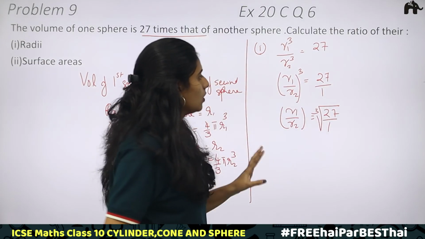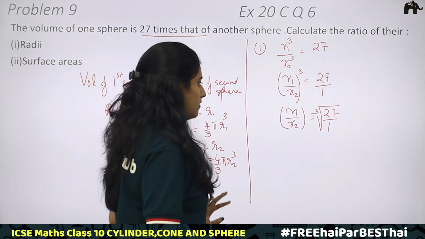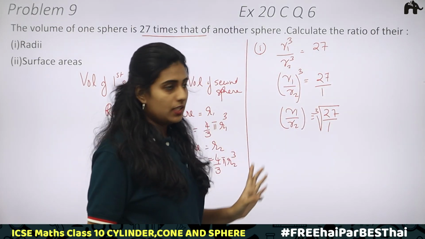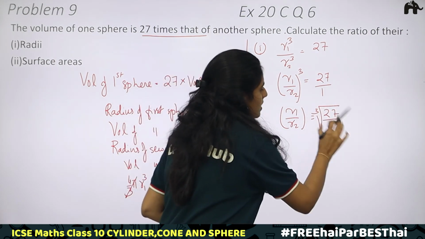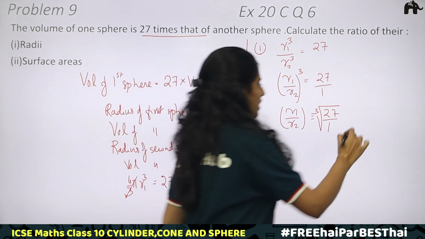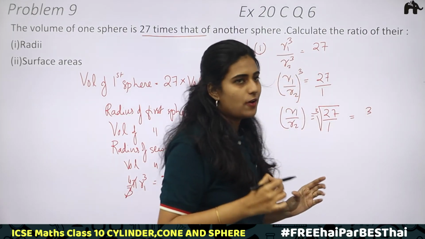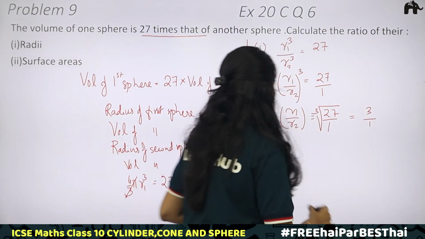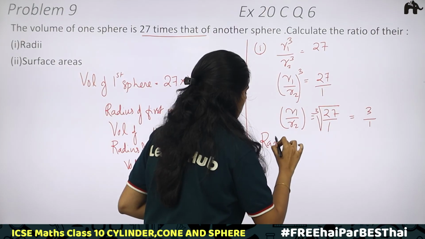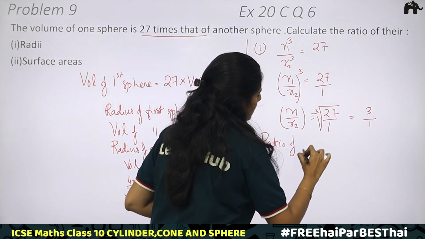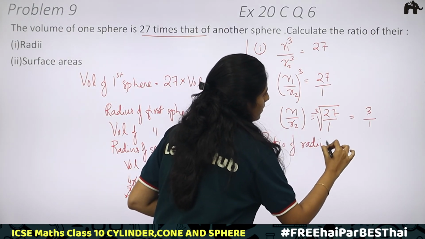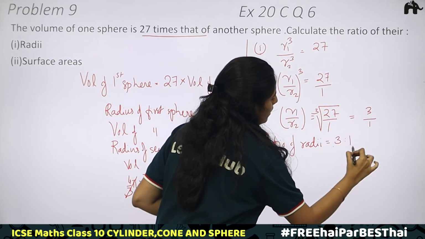Cube root of 27 is 3 and cube root of 1 is 1. So the required ratio of radii will be equal to 3:1.